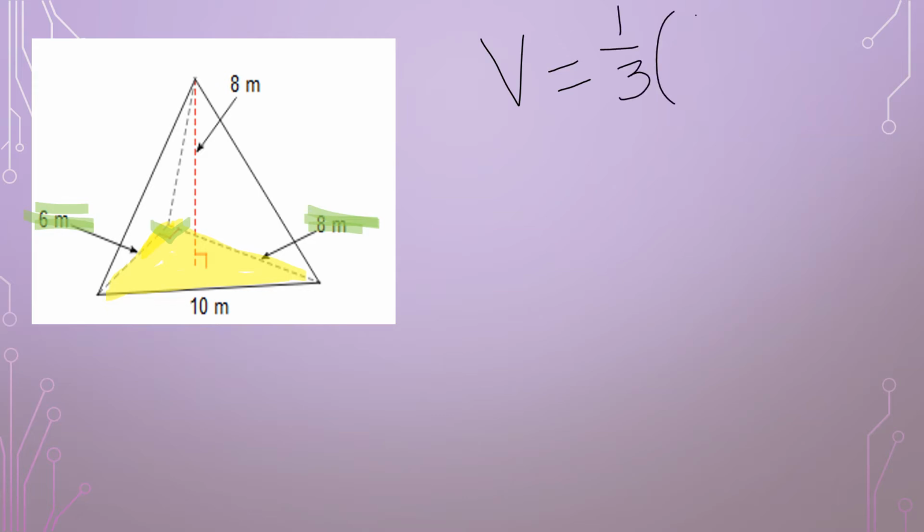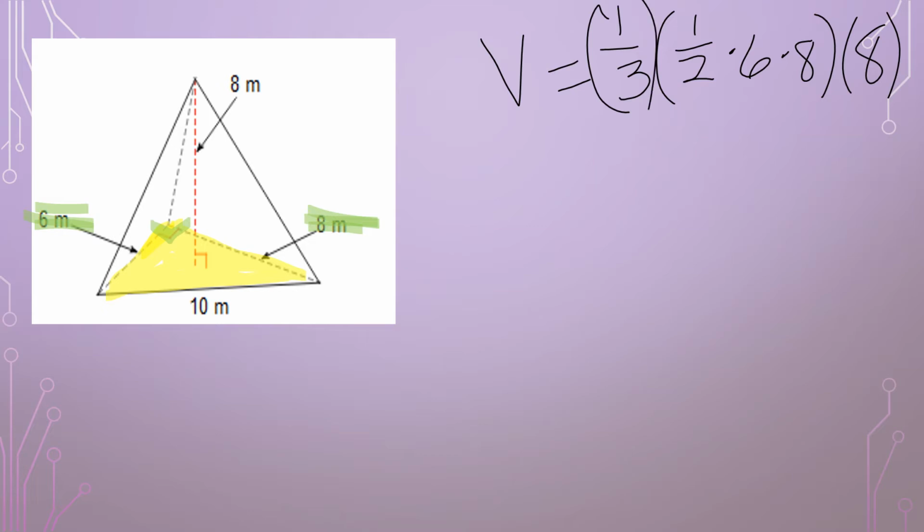The area of a triangle for the base is 1/2 the base times the height, and then times the height of the solid itself. So again, you can plug that all into your calculator. You can use 0.5 for 1/2 and make sure to use parentheses there because with order of operations, you'll want to make sure that you are having the fractions correct. When you do that, you get the volume is 64 meters cubed.